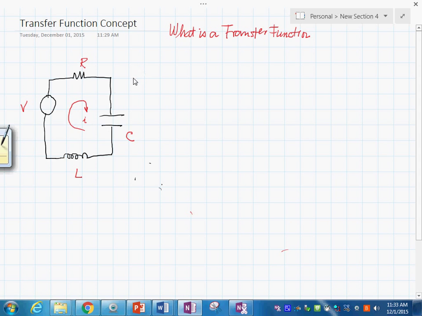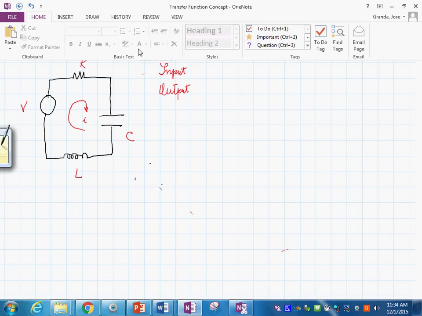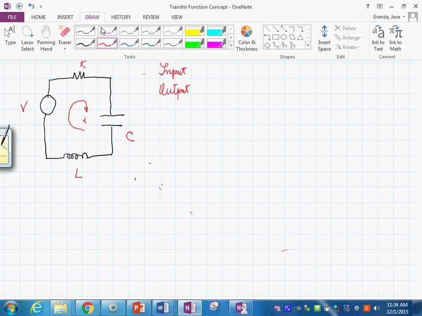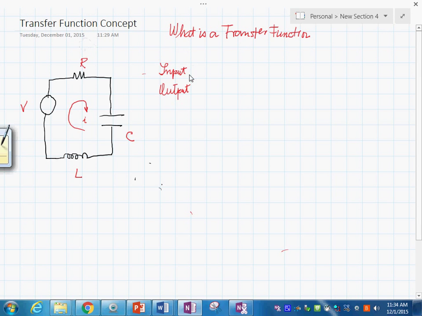Okay. So in here we're going to define the input, and then we're going to define what the output is. Okay. So let's change it to another color here.